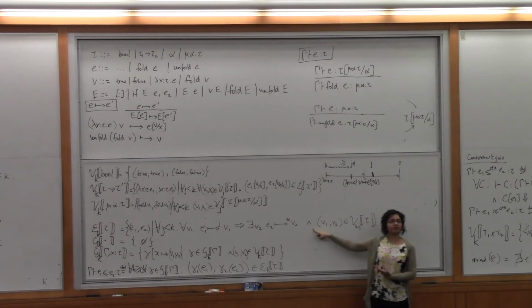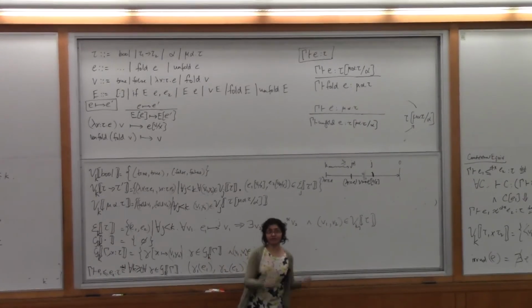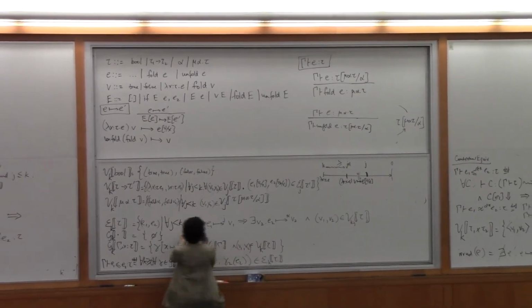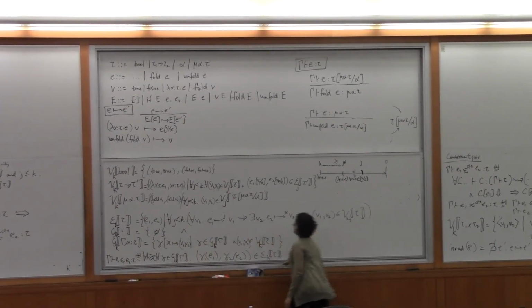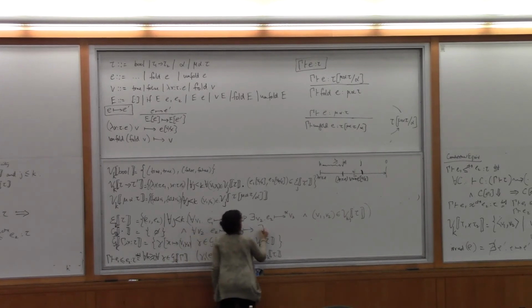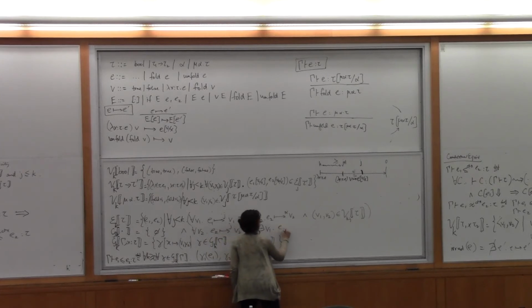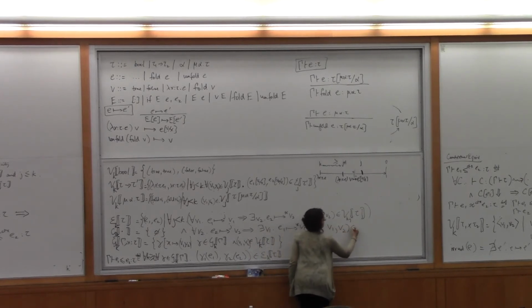And really, this part is the only part you would edit, because this is the only part where you're saying, I'm going to run E1 and then E2 better do the same thing. So now we also want to say, I'm going to run E2 and E1 better do the same thing. So we're going to augment it. I'm going to say, and for all V2 such that E2 reduces to V2, there better exist a V1 such that E1 reduces in any number of steps, and now you have to put the values on the right side still, V1 and V2 are related.